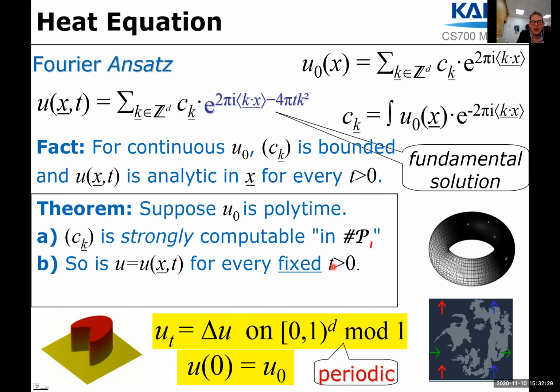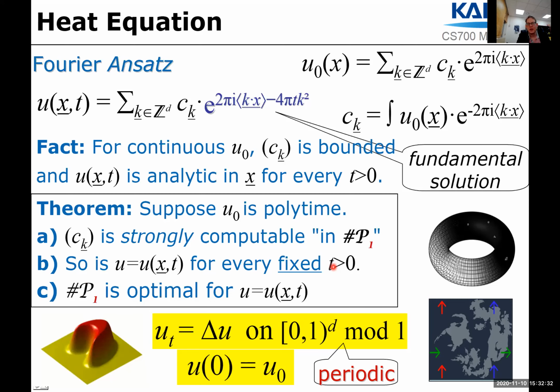And now for the optimality, the negative part says sharp P1 is indeed the best we can hope for. For every fixed time t greater than 0, if the solution can be computed in polynomial time in unary, then actually FP1 is equal to sharp P1. Let me say that again.